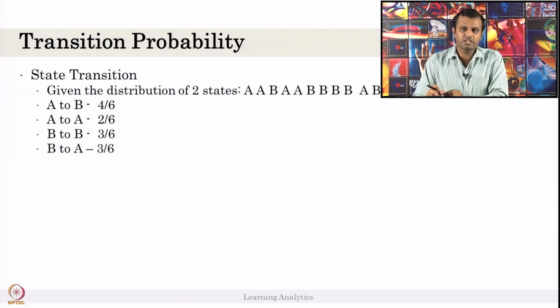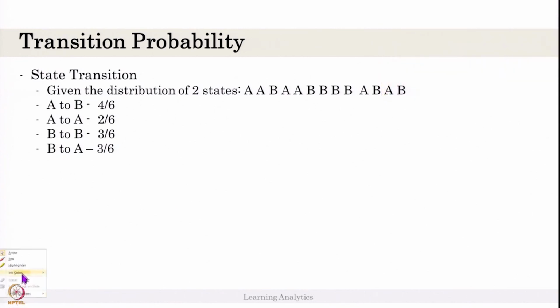Given the distribution of 2 states, A and B, arranged in time series, so first action A happened, then B, A, B A B, something like that, arranged in the action series. How many actions are A to B? That is 1, 2, 3 and 4.